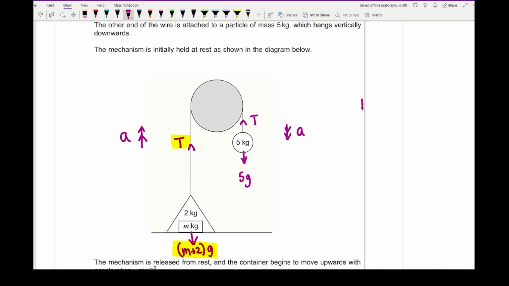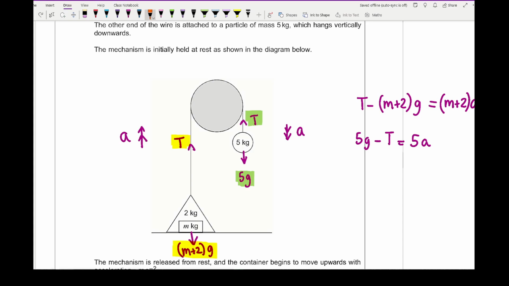So our upwards force T minus the downwards force, which is m plus 2 lots of g, is equal to mass times acceleration. So mass is m plus 2 and acceleration is a. If we then look at the other system where the 5 kilogram mass is going to move downwards and our opposing force T acting in the opposite direction, so 5g minus T is equal to mass times acceleration. So there we have our simultaneous equations.